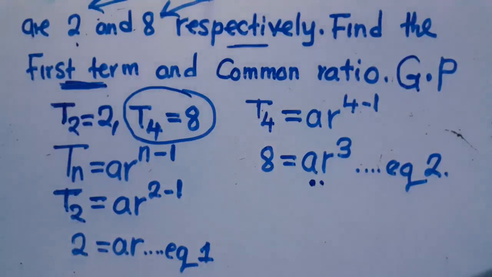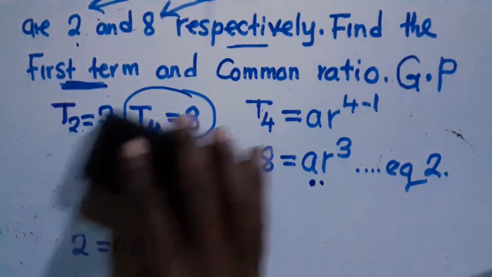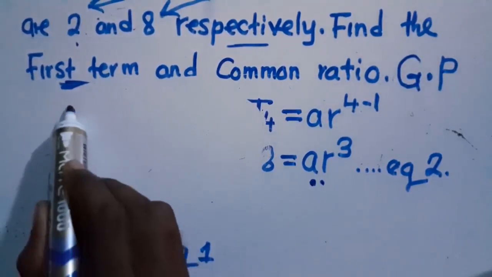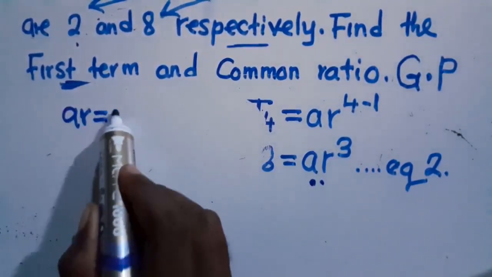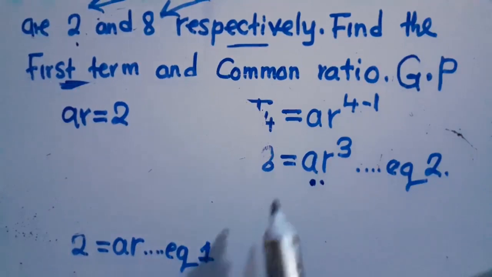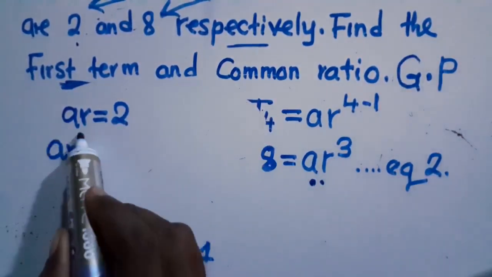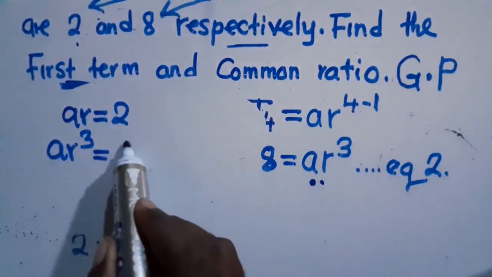So to answer this question, we formed these equations. I'm going to write them here so that you see what is happening. A R is equal to 2, and A R to the power of 3 is equal to 8.